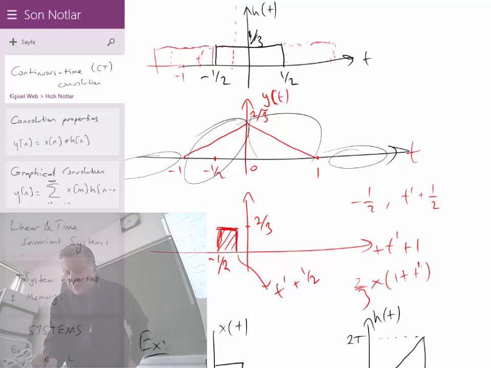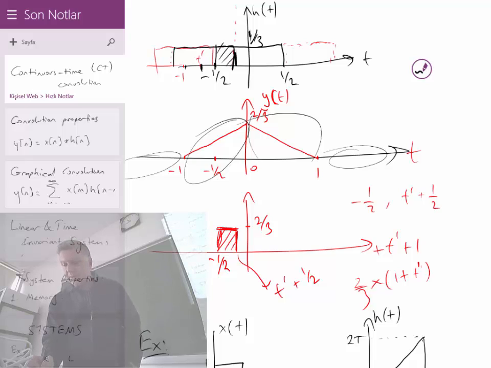No. This t prime is here, you see. It's a rectangle, and the center of the rectangle is greater than -1/2, to the right of -1. Therefore, you are here. And if you draw a box centered around this t prime, this portion will definitely be to the right of this -1/2, which is here.